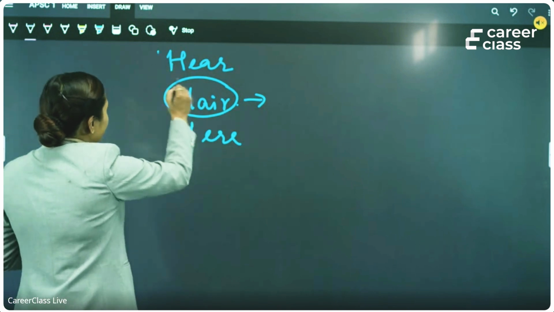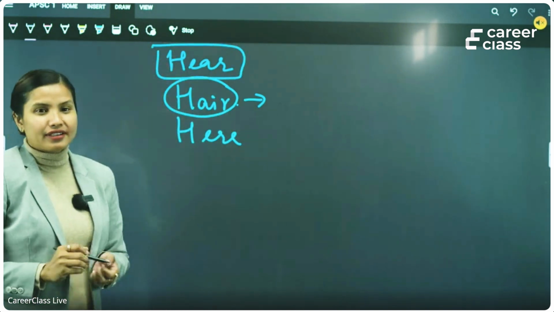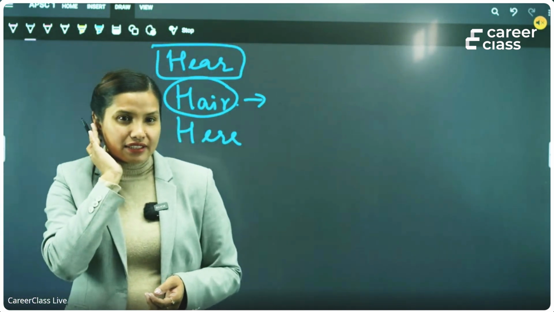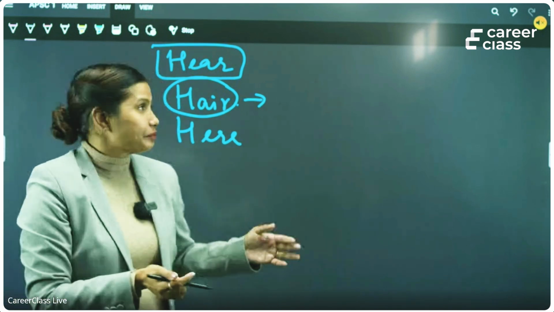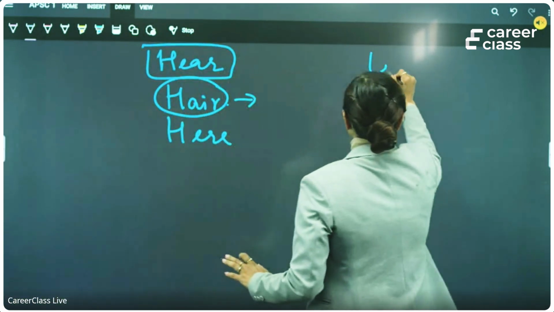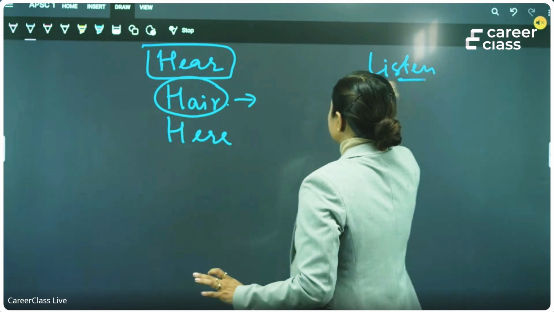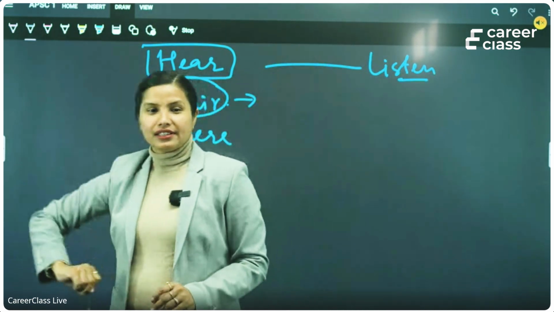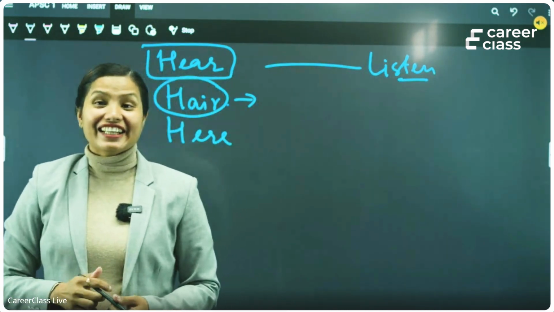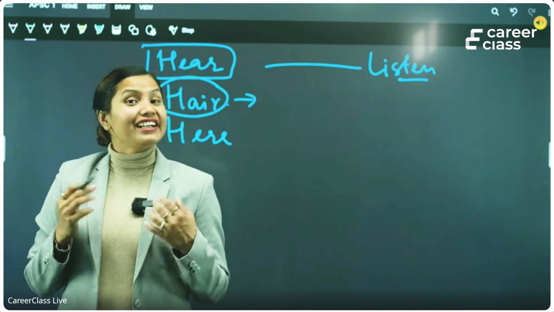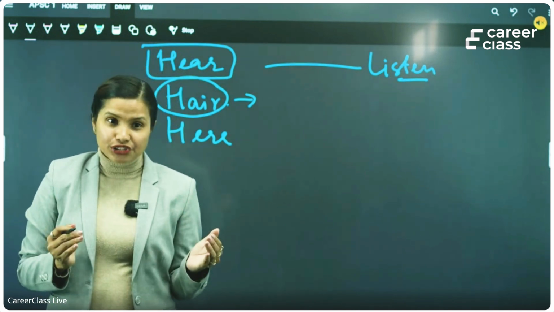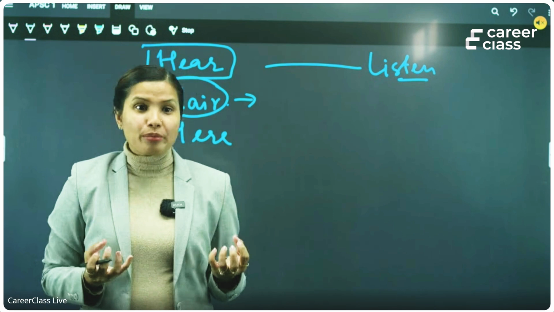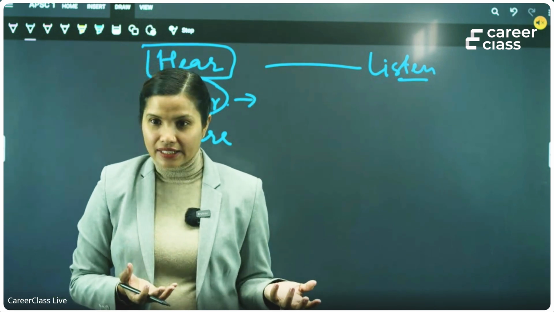And what about here? Listen. And what is the difference between here and listen? Like study and read. We are listening to a song, which means we are paying attention and absorbing what is being sung, right?